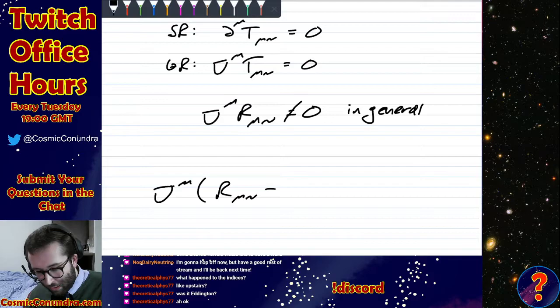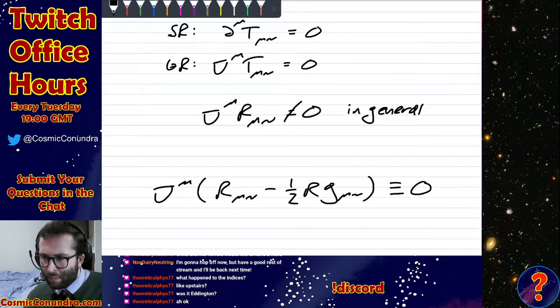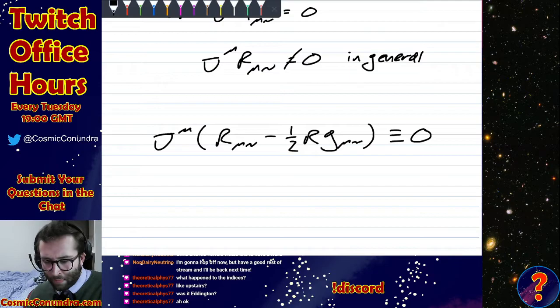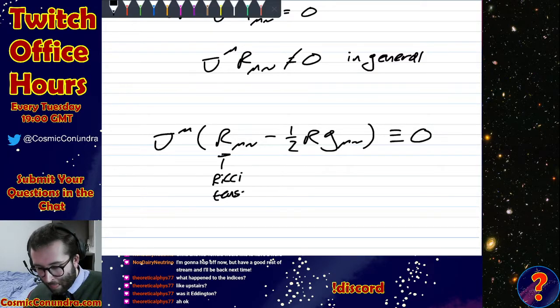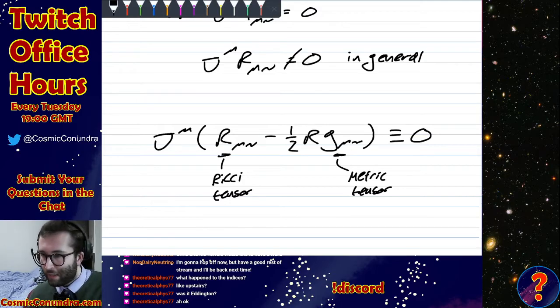That is sometimes called the differential Bianchi identity, or possibly the second Bianchi identity, I can't remember, and it is always true. It's an identity. Here R is the Ricci tensor from before. G is the metric tensor, which tells you how to calculate things like angles and lengths in your curved space-time.